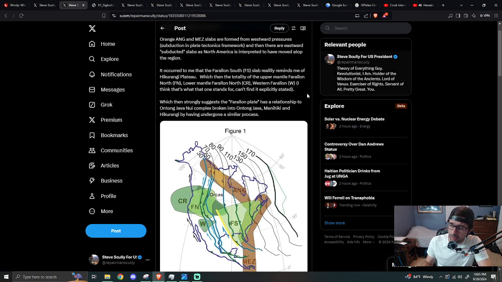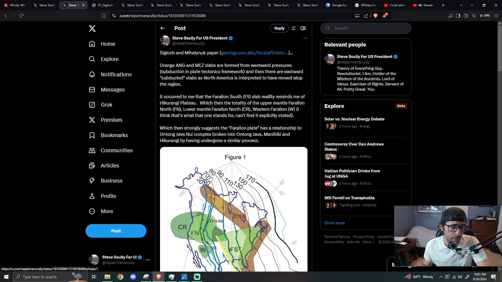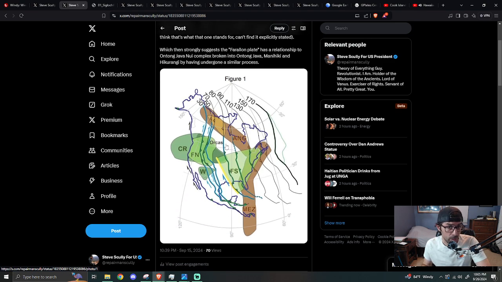I haven't really looked into these very much to have much of a thought on them. But then the other ones, the green ones, are eastward subducting. So there's actually subducting plates or evidence of material subducted under North America, both eastward and westward propagating.